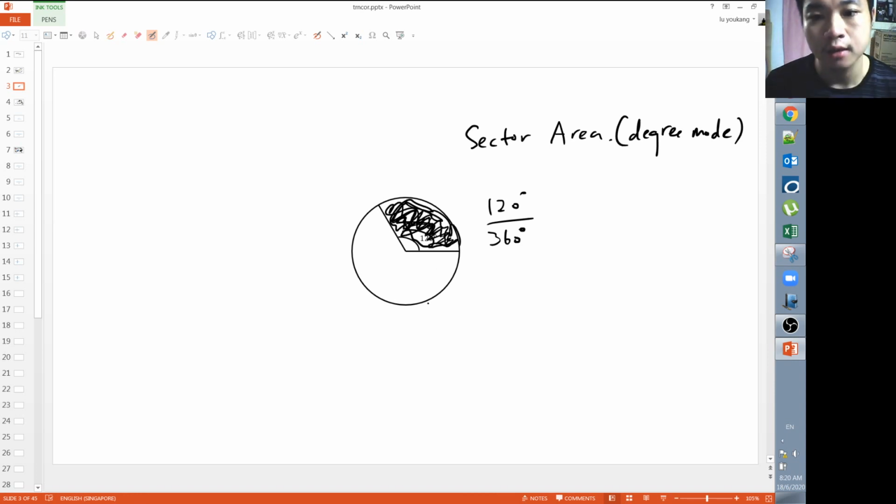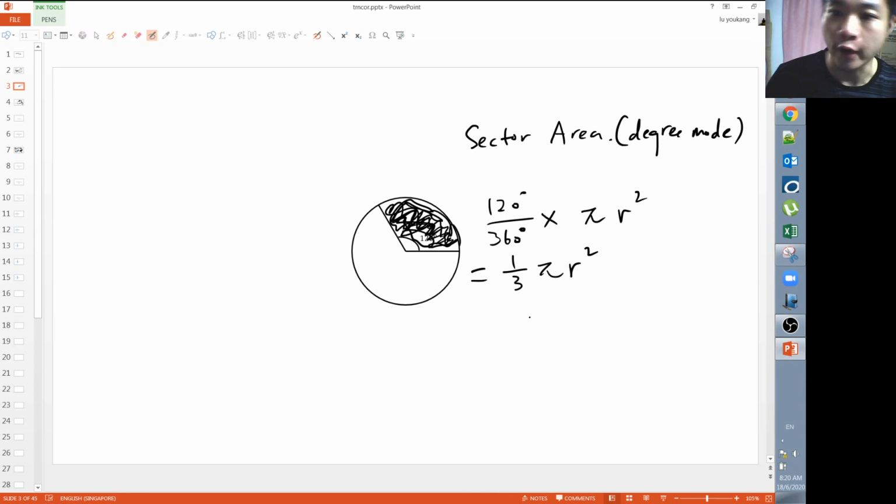You want to see what is the fraction of this sector over the entire circle. That's why you take 120 degrees over 360 degrees and times, how do you find the area of a circle? Pi r squared. If you simplify this, you get this, in terms of pi and r. So that's how you find the sector area in degree mode.